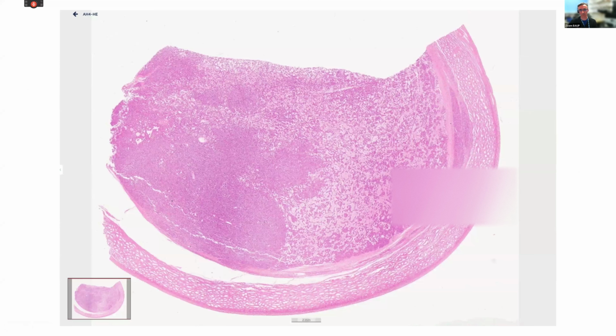At low power, we've got a well-defined tumor, partly encapsulated, with a rim of background testis. Even at low power, there are slightly different areas of the tumor, perhaps a more cellular area and a more edematous looking area with some tumor cells within it.